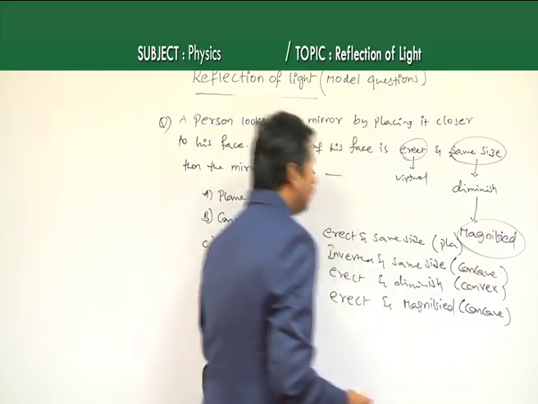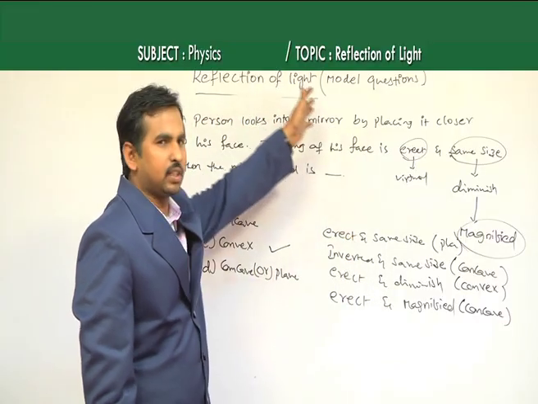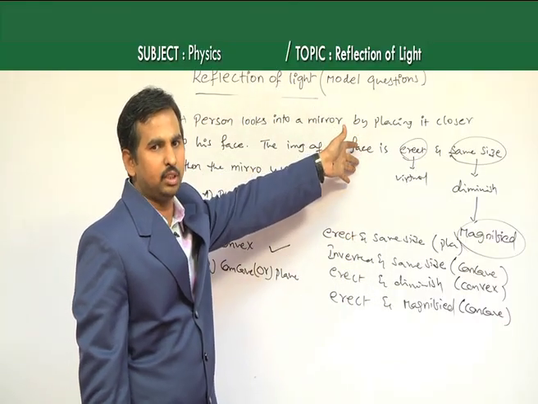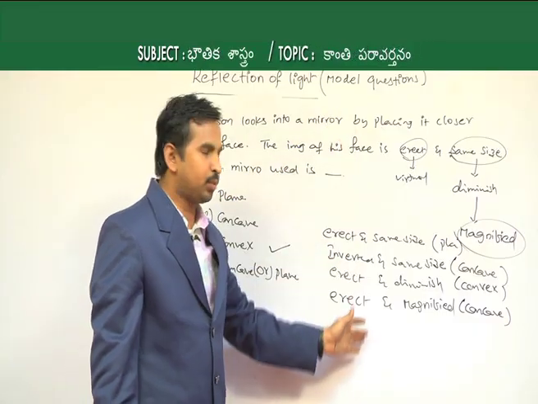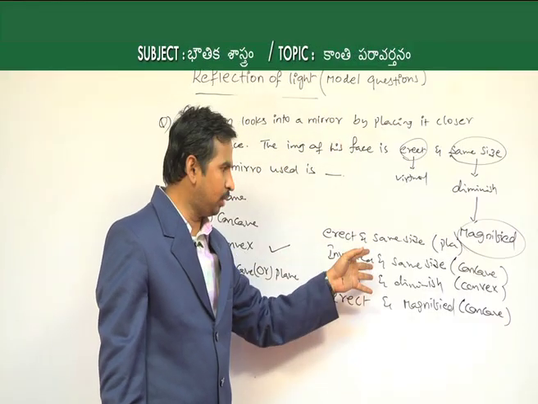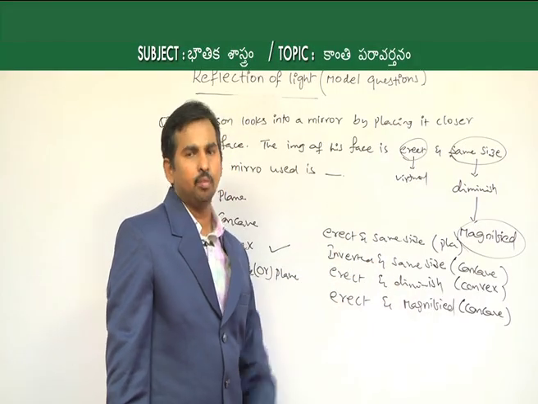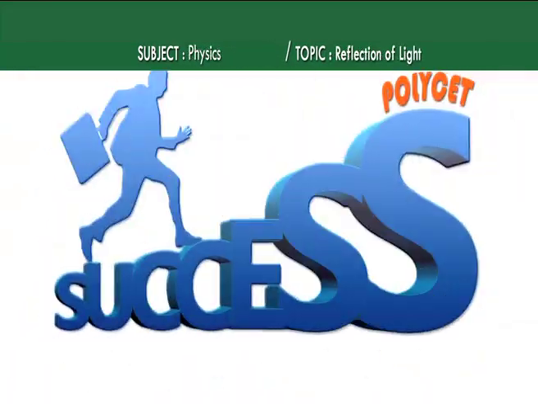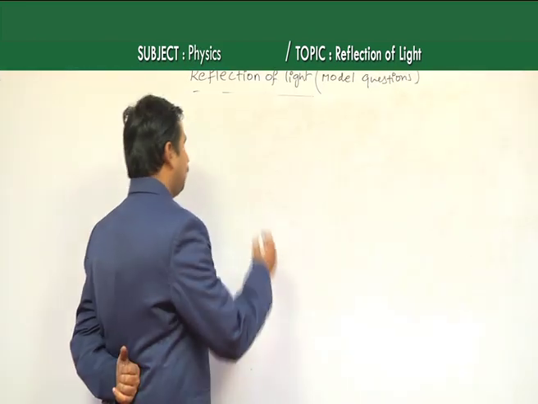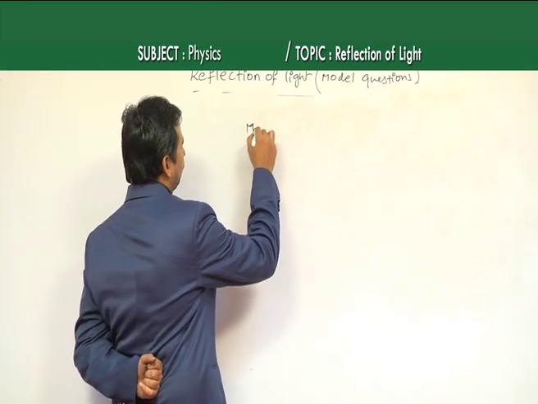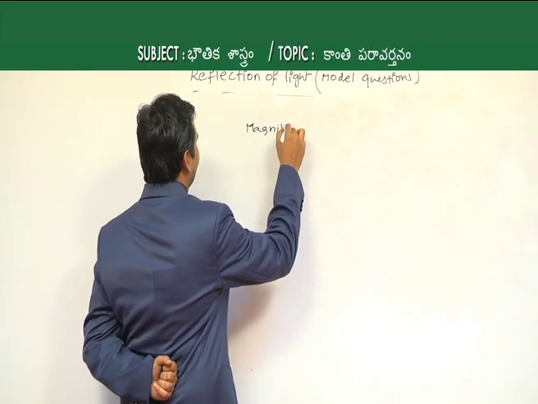So for the same question, about the size or characteristics of the image formed, we can take any of the possibilities: erect with the same size, inverted with the same size, erect with diminished, or erect with magnified image. Next questions are actually based on magnification, okay, about magnification.